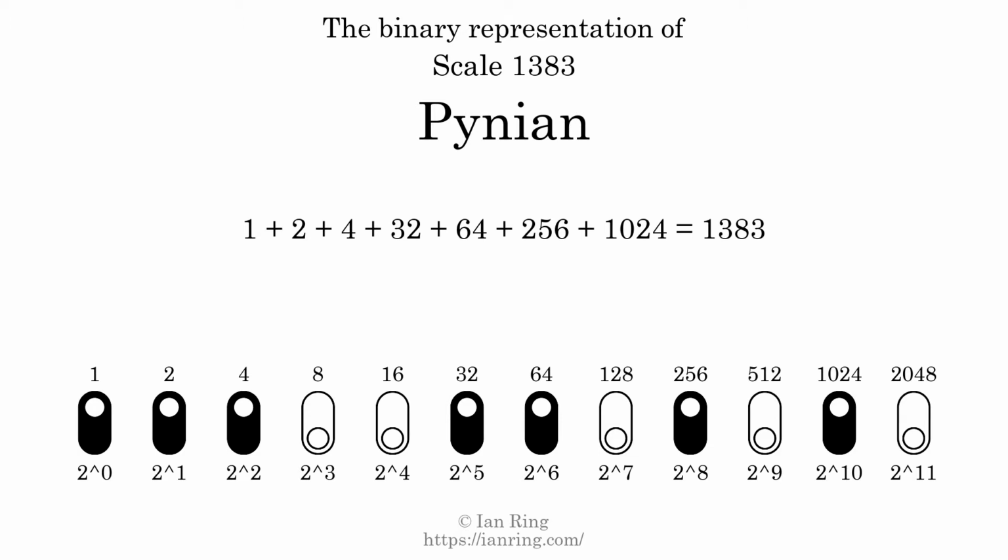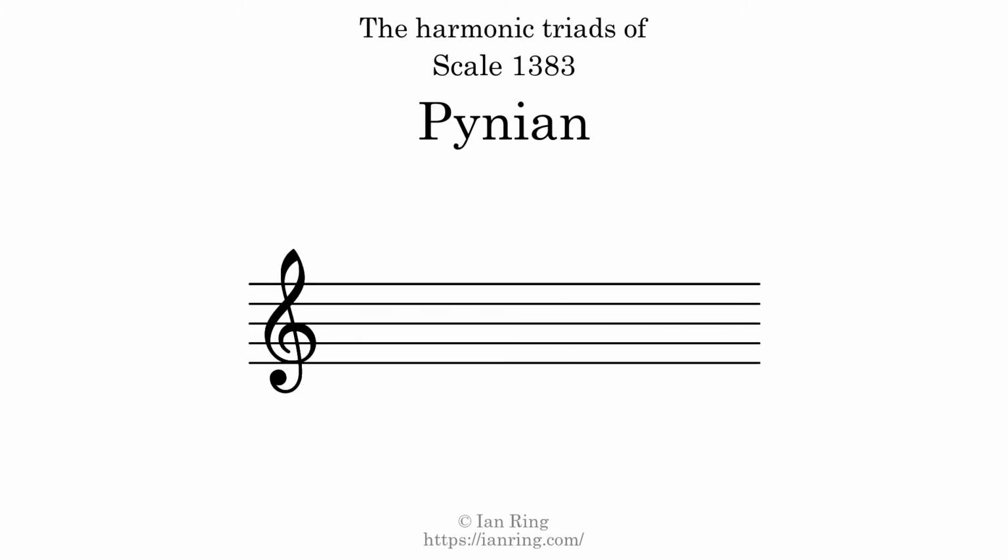That is why the scale number, in decimal, is 1383. The scale number not only enumerates the scale with a unique index, but it also literally describes the tonal content of the scale. Represented as a binary number in base 2, the scale number is 0101011001111.